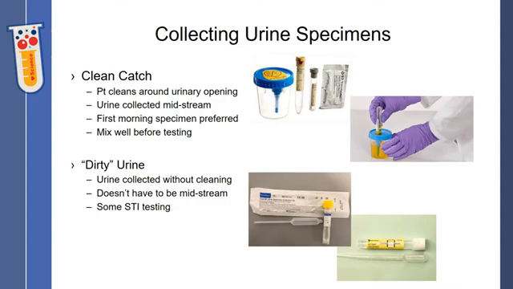And you can see the two images on the right there. Those are tubes for urine collection. So you would collect the urine in a cup and then transfer it over to these tubes. They have fill lines on them. And these are actually collection kits that are used specifically for chlamydia and gonorrhea testing.